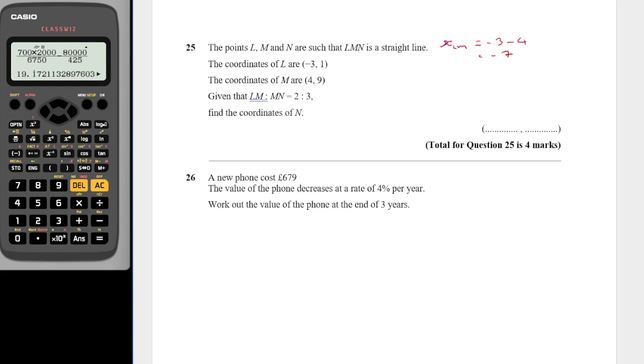So that's 2 parts and we want 3 parts. So -7 divided by 2 times 3 gives me -10.5, and then we would need to add that on to 4.